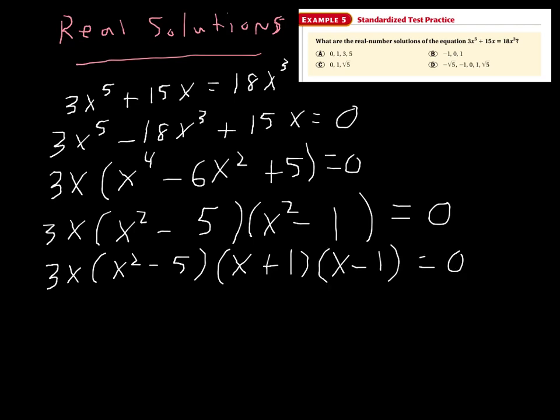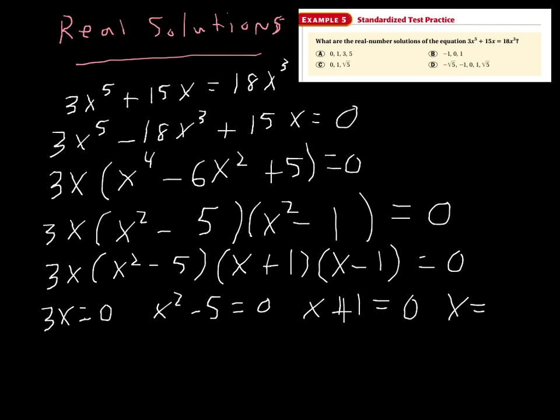Now we're going to take all of our factors and set them equal to 0. So we got 3x equals 0, x squared minus 5 equals 0, x plus 1 equals 0, and x minus 1 equals 0.